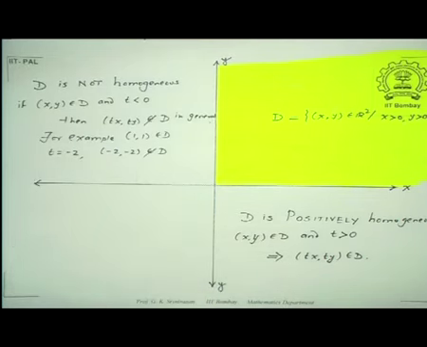So, this is not homogeneous, but it is positively homogeneous. I hope you understand the distinction between a homogeneous domain and a positively homogeneous domain. Both concepts will be used repeatedly in what follows.